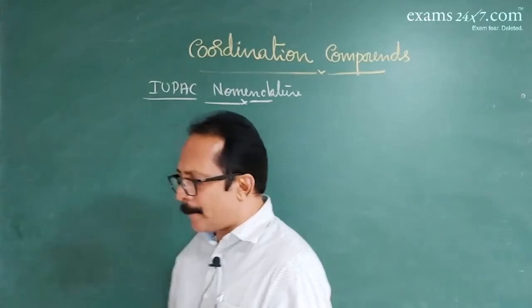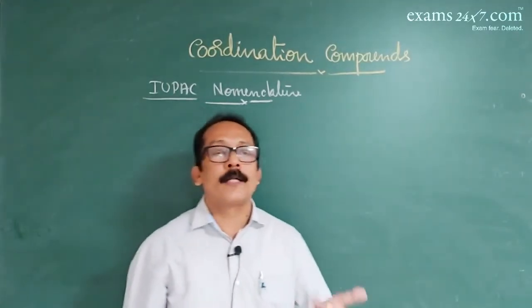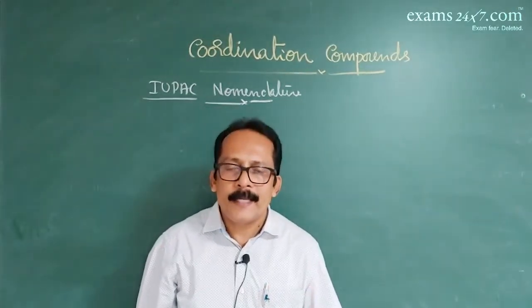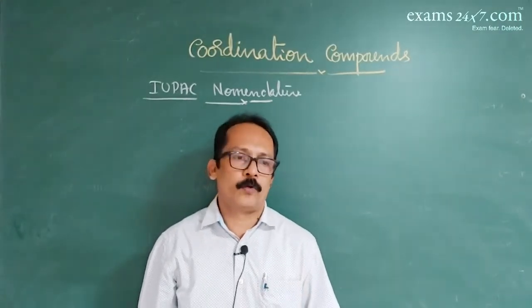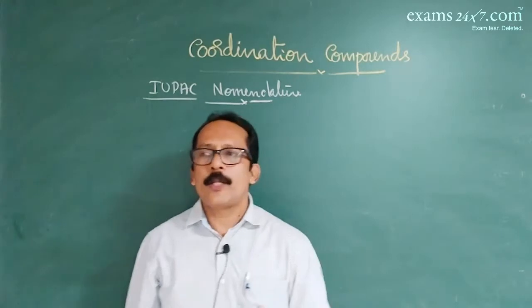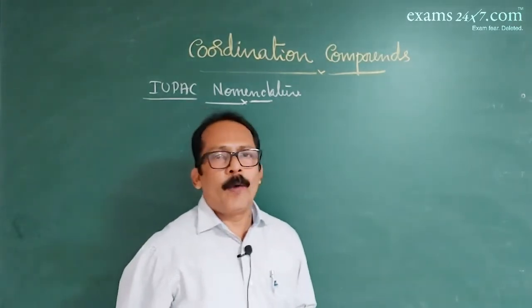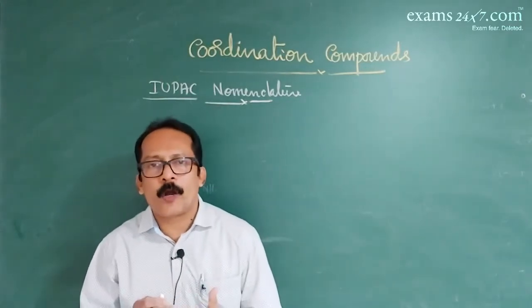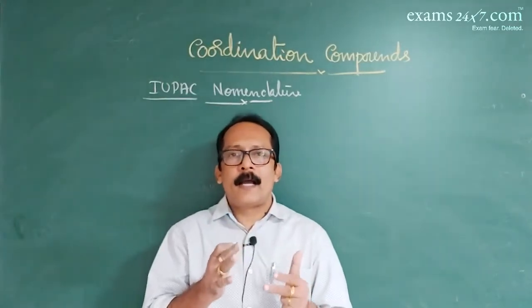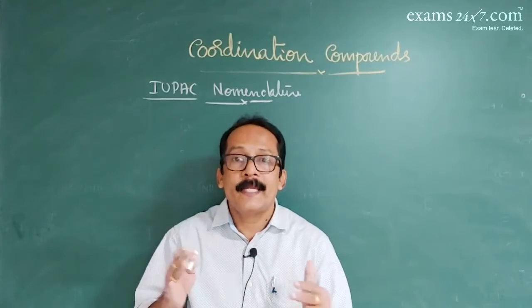If a complex compound contains two or more different ligands, the alphabetical order of the ligands should be followed. About cationic and anionic complexes: while naming a cationic complex, there is no special ending. But in an anionic complex, the name of the metal atom or ion ends with ATE.